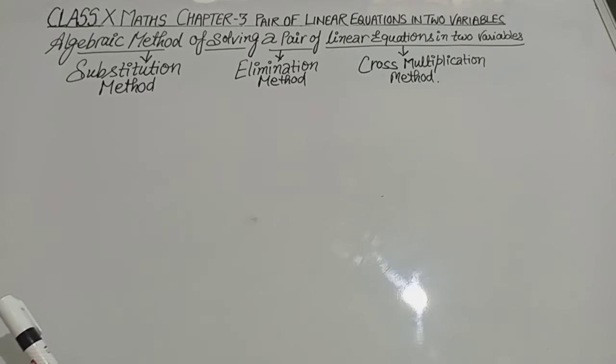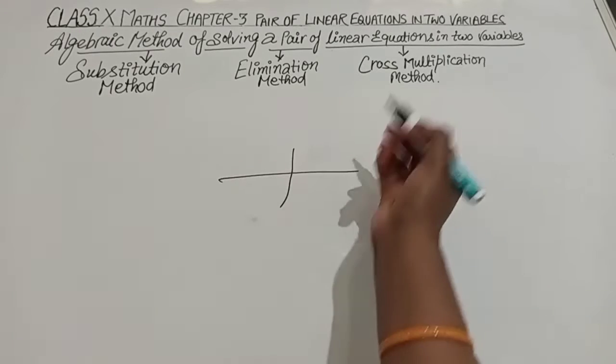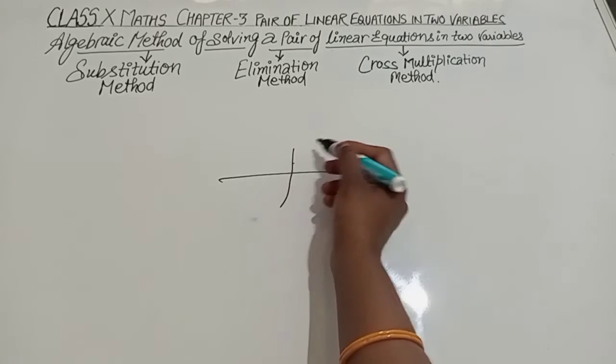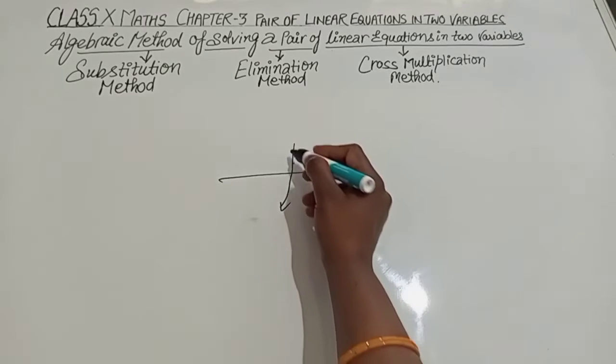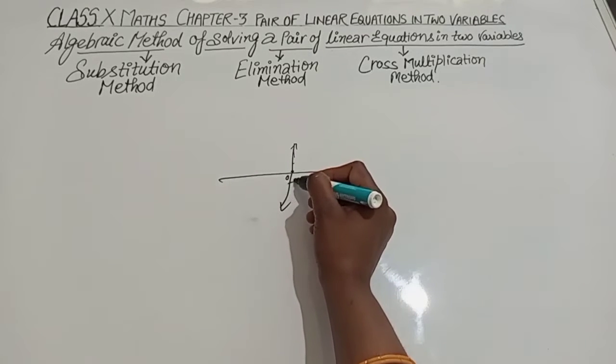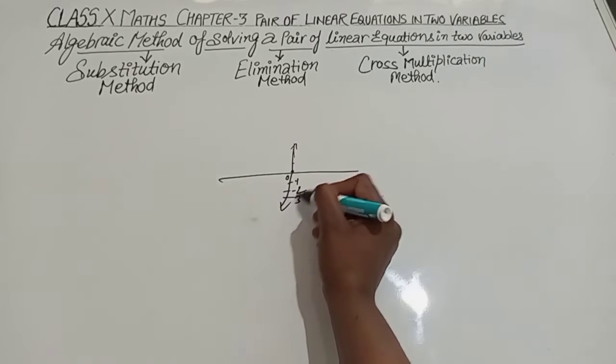In previous videos we discussed the graphical method, where we find the solution of a linear equation. There is a graph, with the x-axis and y-axis, and points like 1, 2, 3, 4 and -1, -2, -3.